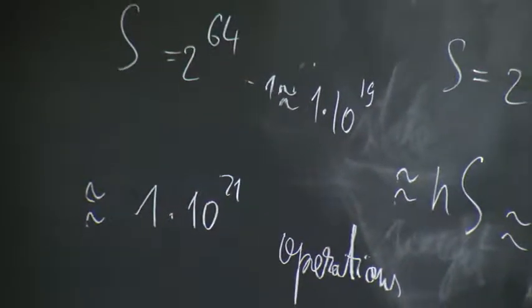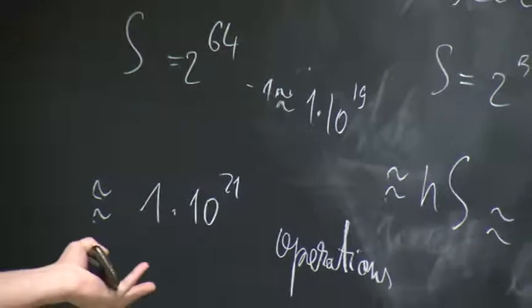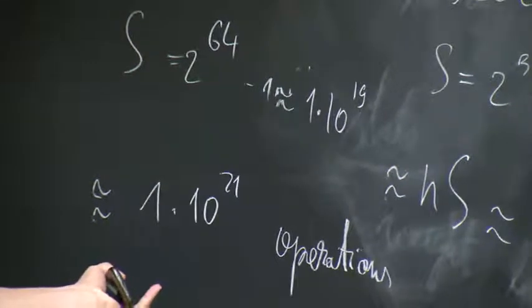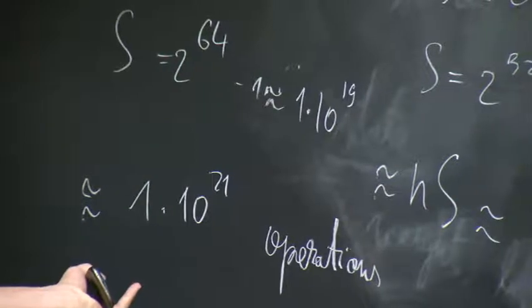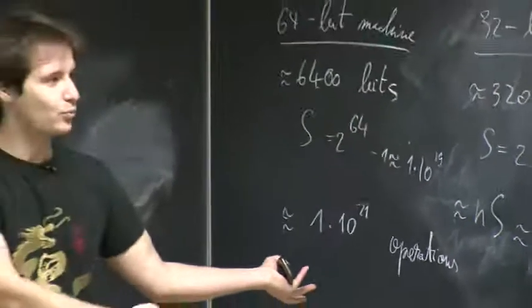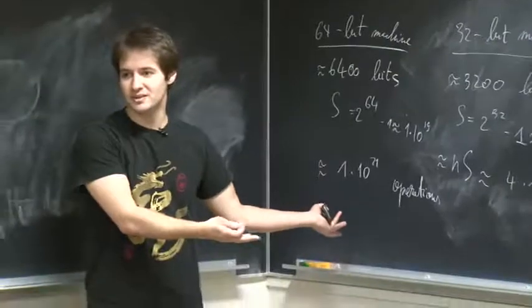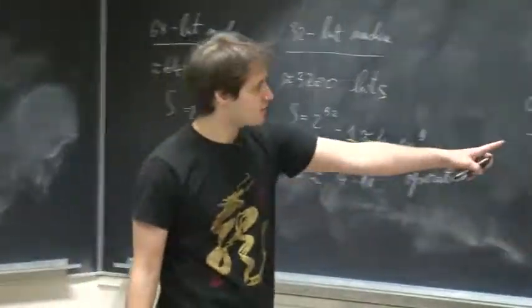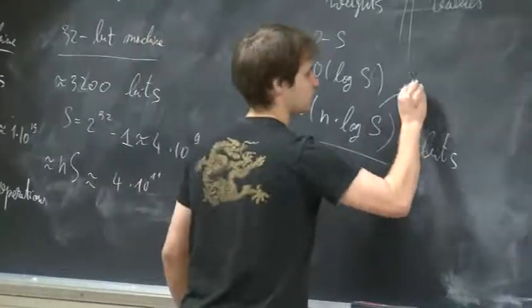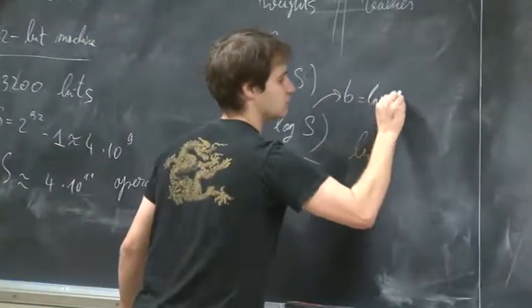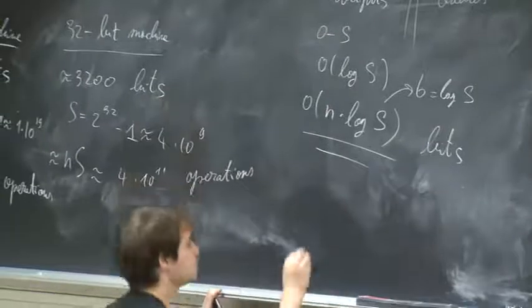So what happened? I increased my word size. The running time increased quadratically, right? This is not a polynomial increase. What's the problem here? Why is this the case? If I write log s as b, so log s becomes b, what's the input size?